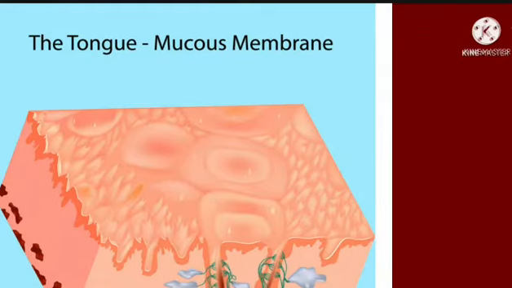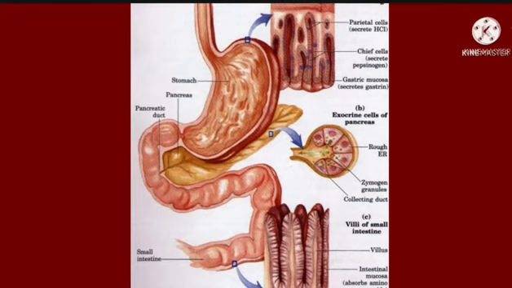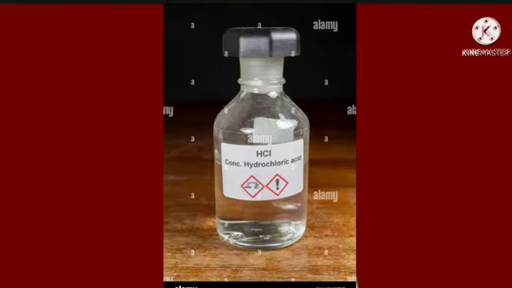The mucus and bicarbonates present in the gastric juice play an important role in lubrication and protection of the mucosal epithelium from the eroding nature of highly acidic HCl.